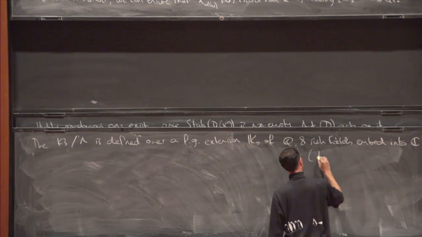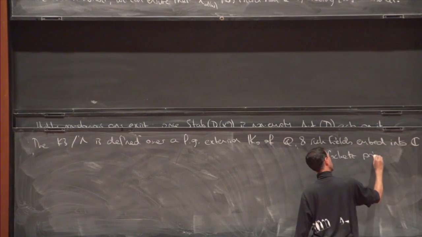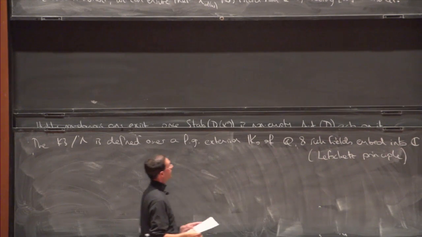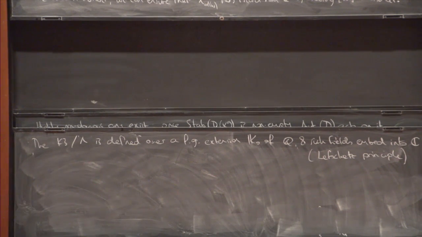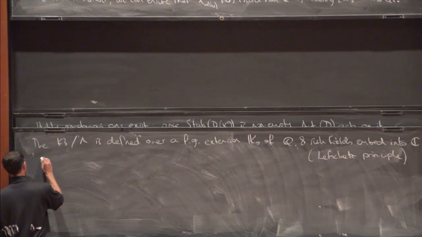So this general idea seems to be called the Lefschetz principle. And using this, you can bootstrap back results that are known about K3 surfaces over C to K3 surfaces over the Novikov field in particular.